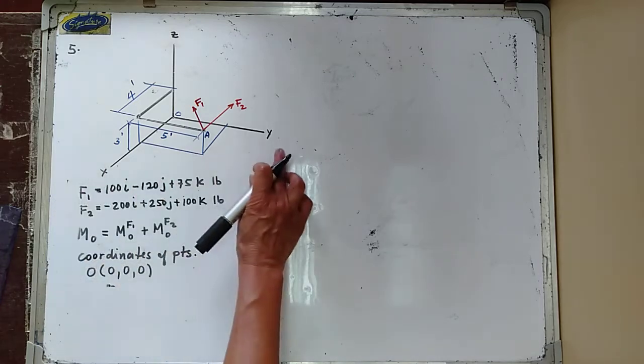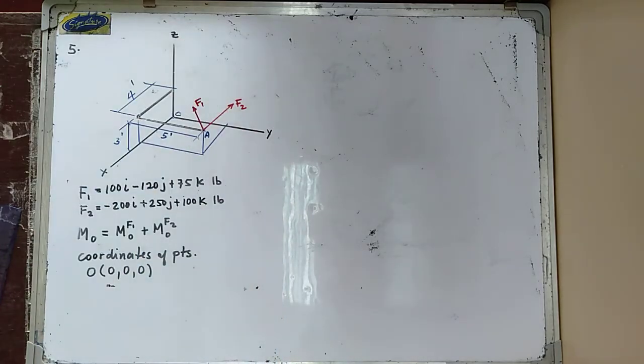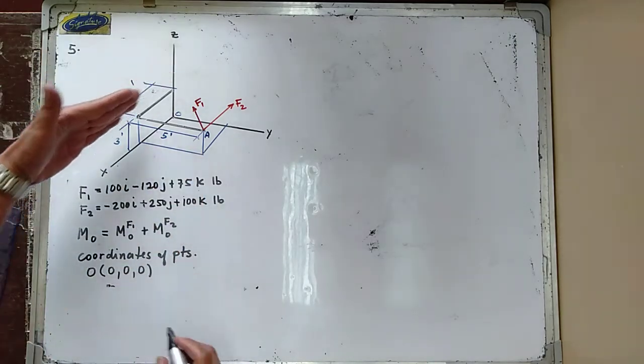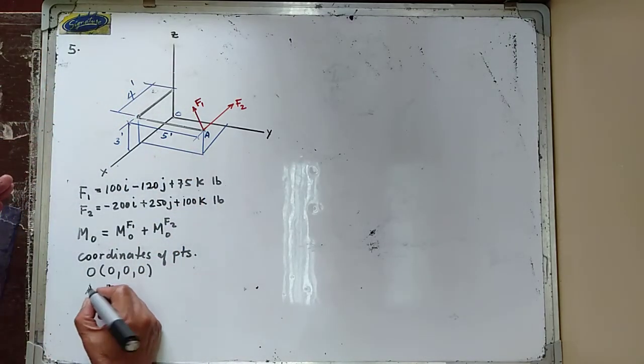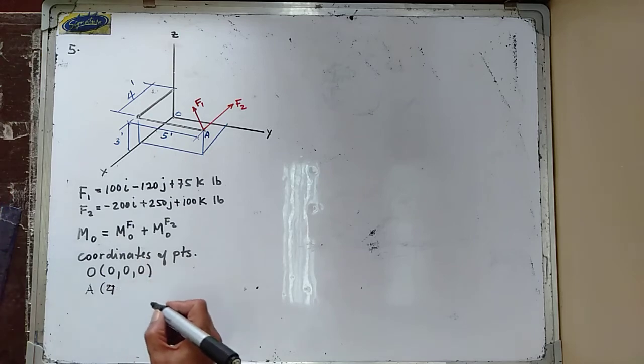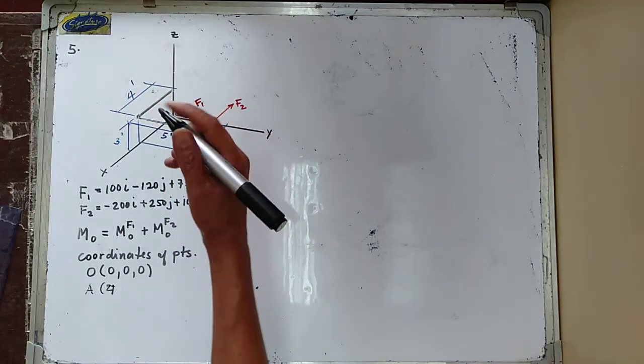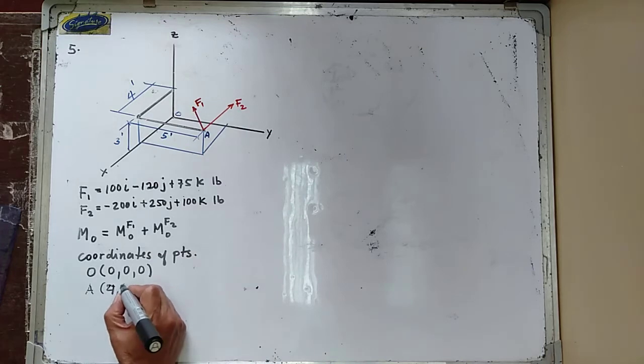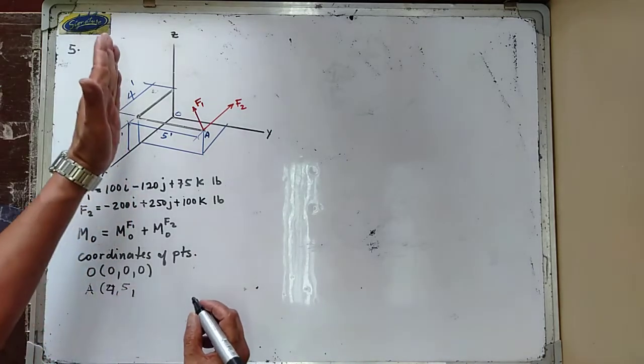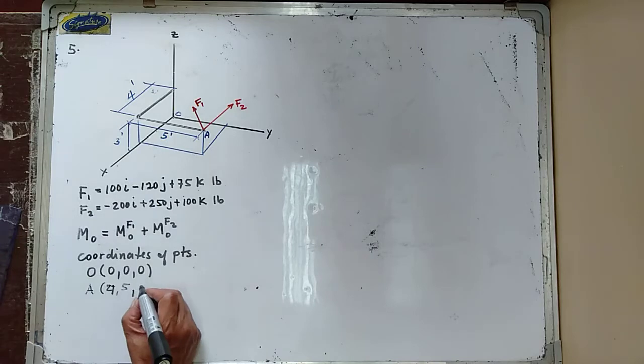Again, this is your x, y, and z axis. And then for point A, your x is 4 feet, your y is 5 feet, and your z is 3 feet.